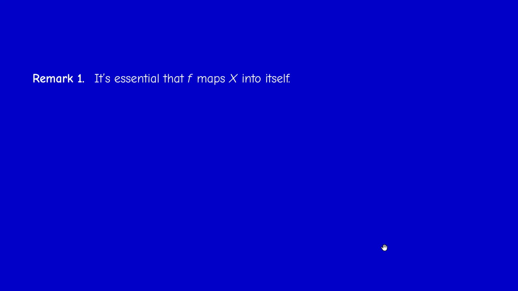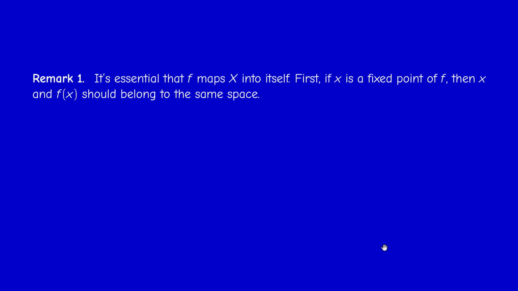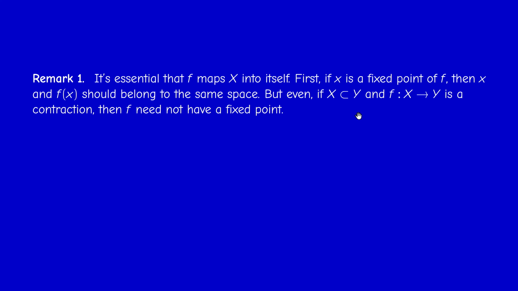Now, two remarks. As we mentioned, it's essential that f maps the space into itself. Why? First, because if x is a fixed point, then x is equal to f of x, so x and f of x should belong to the same space. But even if X is contained in a bigger space Y, and f is a contraction from X to Y, f need not have a fixed point.